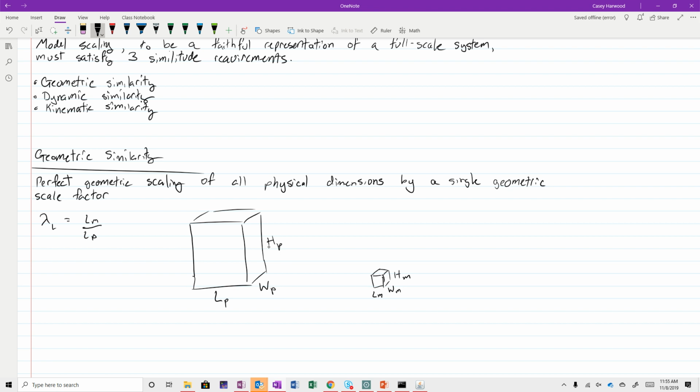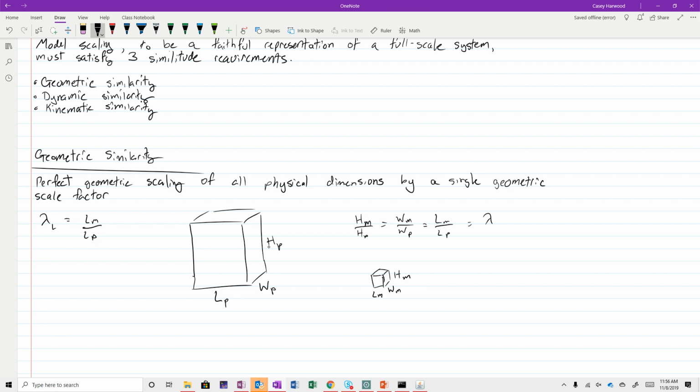This geometric similarity requirement is that H_M over H_P is equal to W_M over W_P is equal to L_M over L_P is equal to whatever the scale factor is. Okay, it's nothing different than simply saying you're going to shrink down your thing and maintain all of the relative dimensions the same way. You can't have angles out of whack, etc.